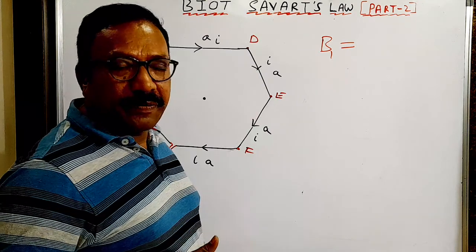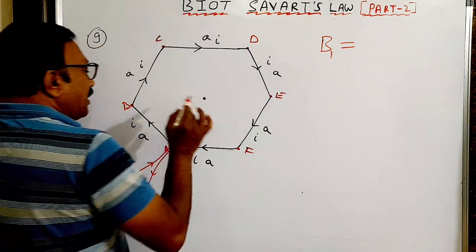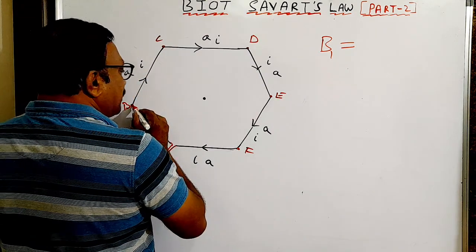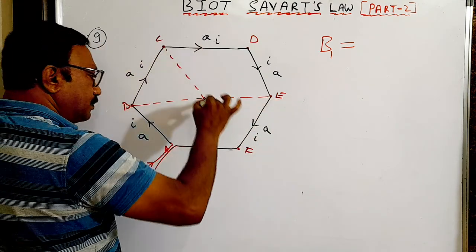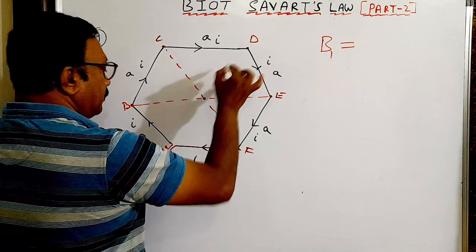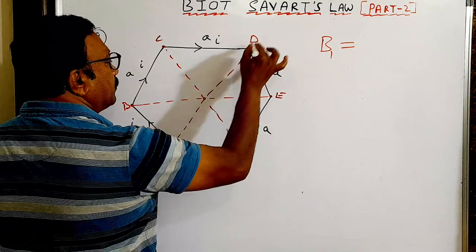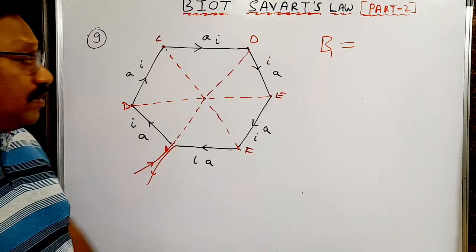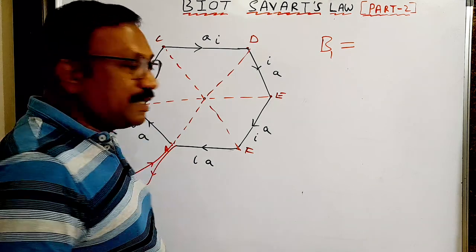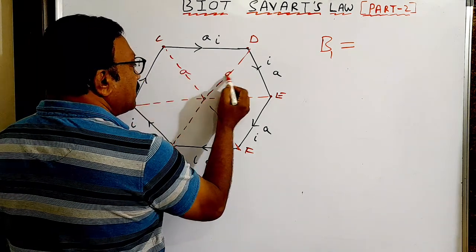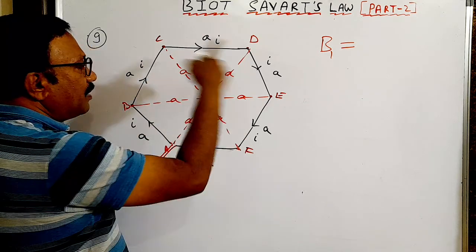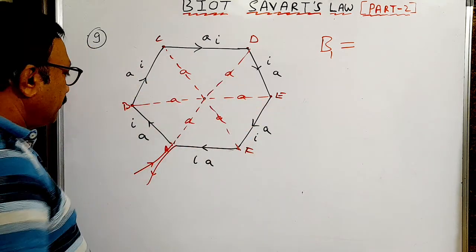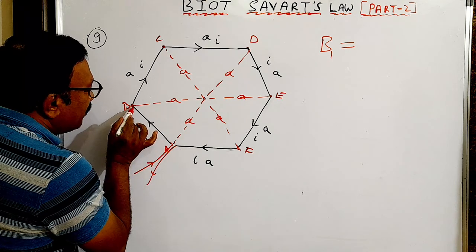Remember, a hexagon always forms 6 equilateral triangles inside. So this is A, this is A, this is A, this is A, this is A. All are equilateral triangles.